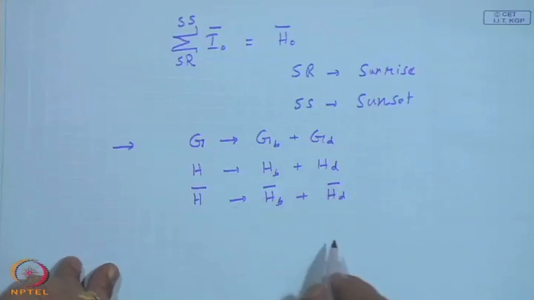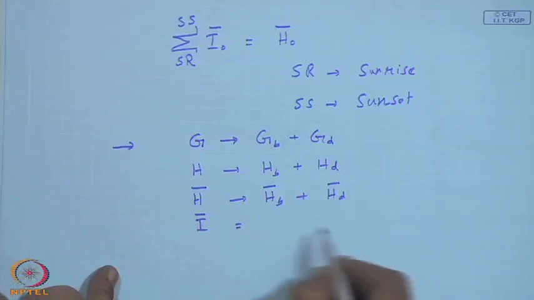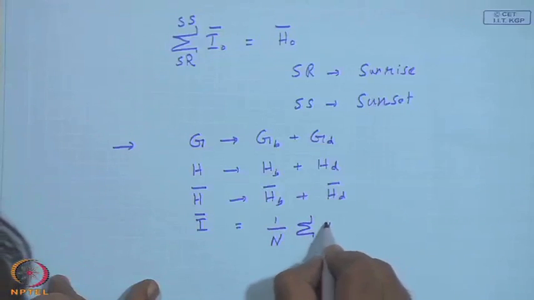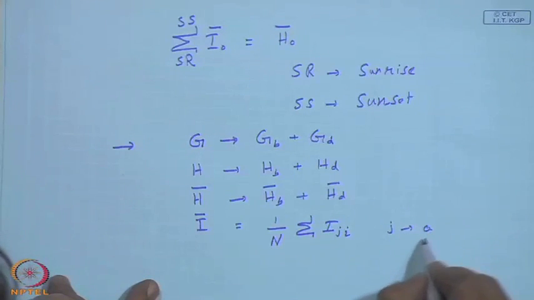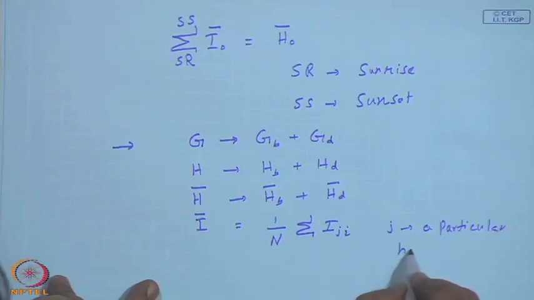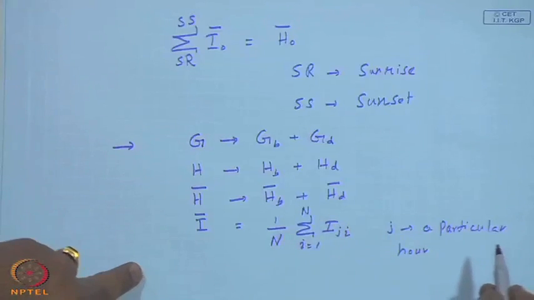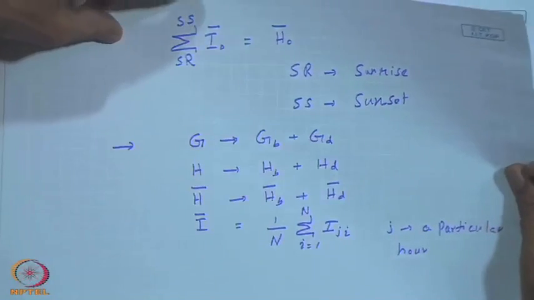We will not right now worry about the yearly part, and then this is important, I bar is 1 by n sigma Ij, Ij being a particular hour. I am only particularly repeating this average hourly value concept. It is the average of a particular hour for the entire 30 or 31 days in the month.